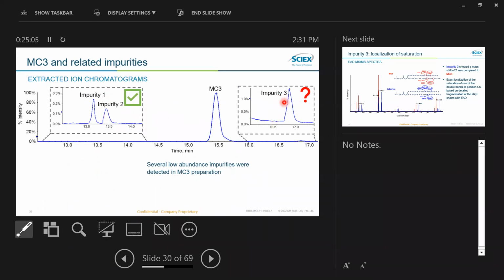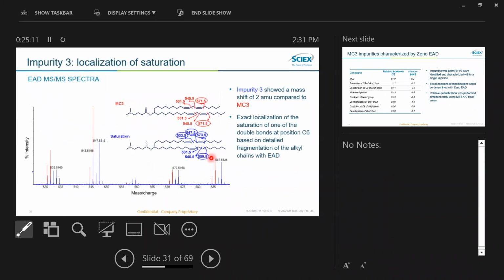I also want to talk about impurity 3 over here. So this is a later eluting peak, and we overlay the main peak MC3 data in red with this. This impurity 3 showed a mass difference of 2, which indicated addition of 2 hydrogen atoms. So it appeared to be a saturation impurity.